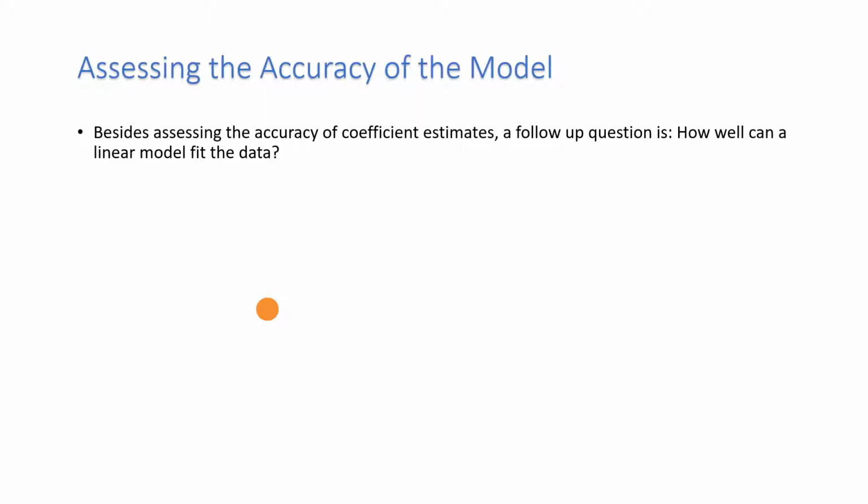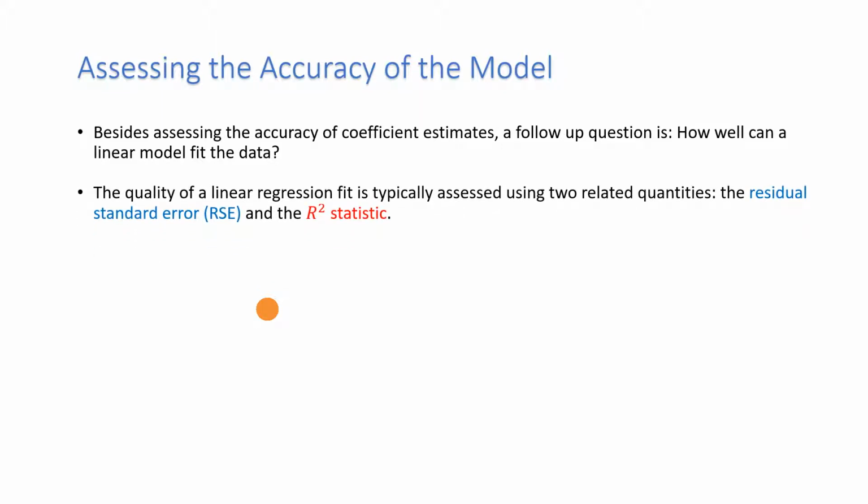So how well can you predict your data set with this given linear model? Which is equivalent to asking how to assess the accuracy of your model, right? So to answer that, one needs to define some proper quantities to assess the accuracy of your linear regression fitting, right? So there are actually two commonly used quantities, which I will introduce in the follow-up slides.